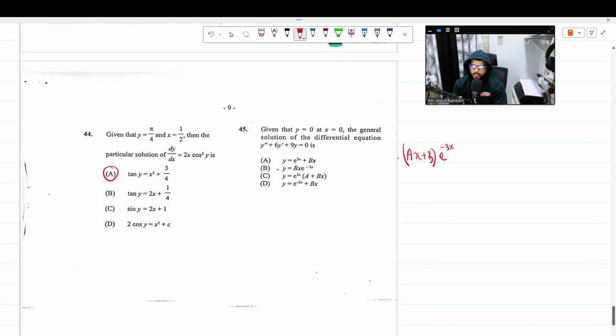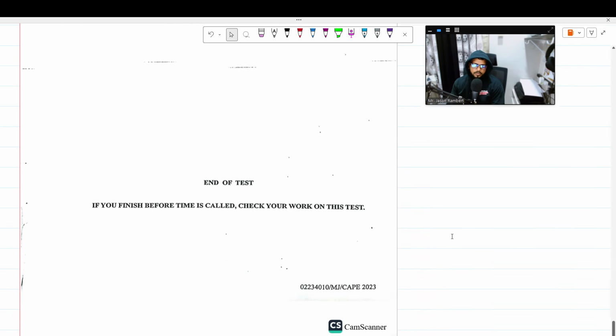When x is 0 and y is 0, 0 is equal to a by 0, which is 0, plus b e to the 0. So I'm going to get b is 0. So when b is 0, I'm going to get ax e to the minus 3x. B corresponds to that because at the end of the day, a and b are constants. And that's it for 2023.